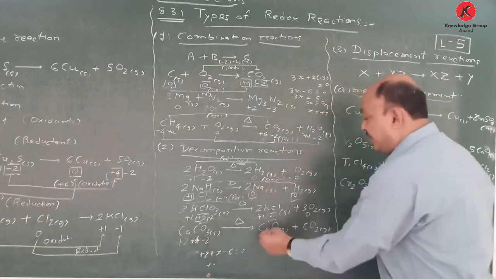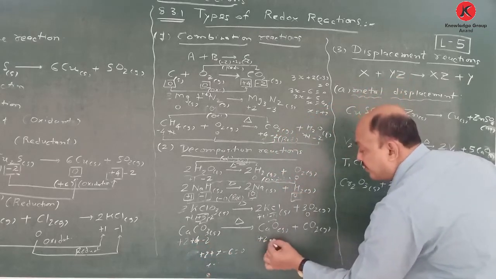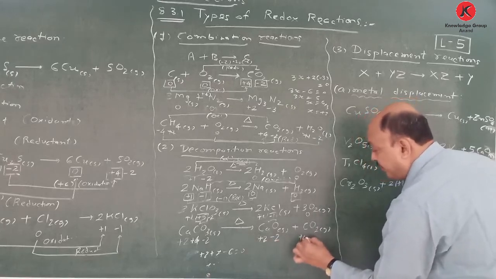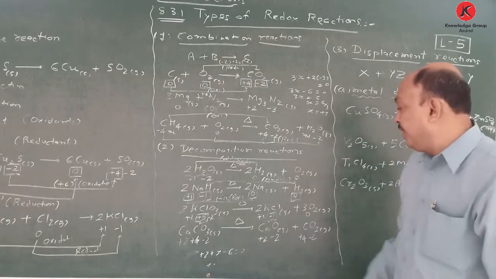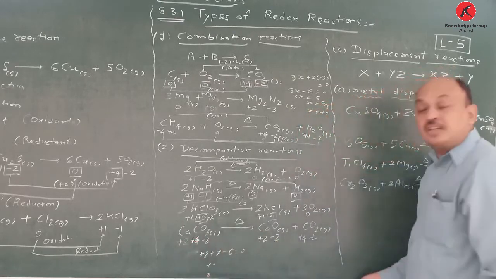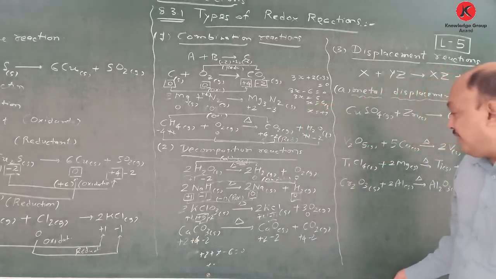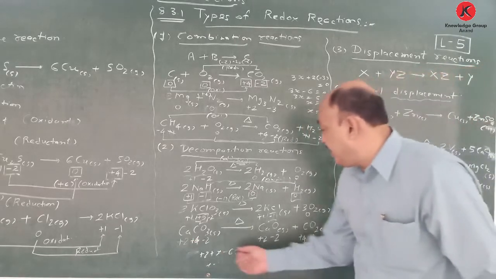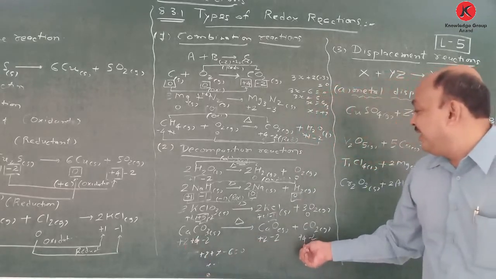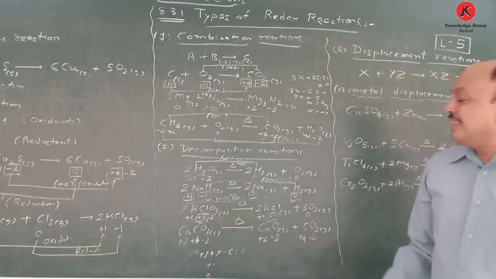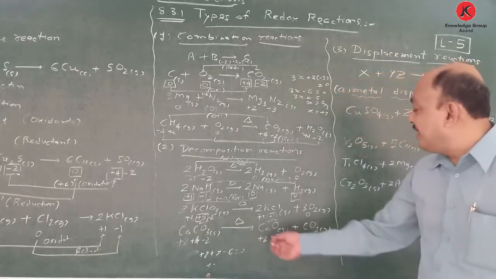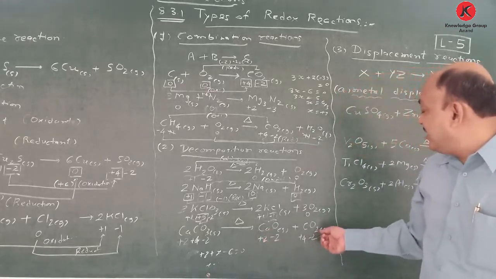In calcium oxide, calcium is plus 2 and oxygen minus 2, and in CO2, carbon is plus 4 and oxygen minus 2. Is this a redox reaction or not?